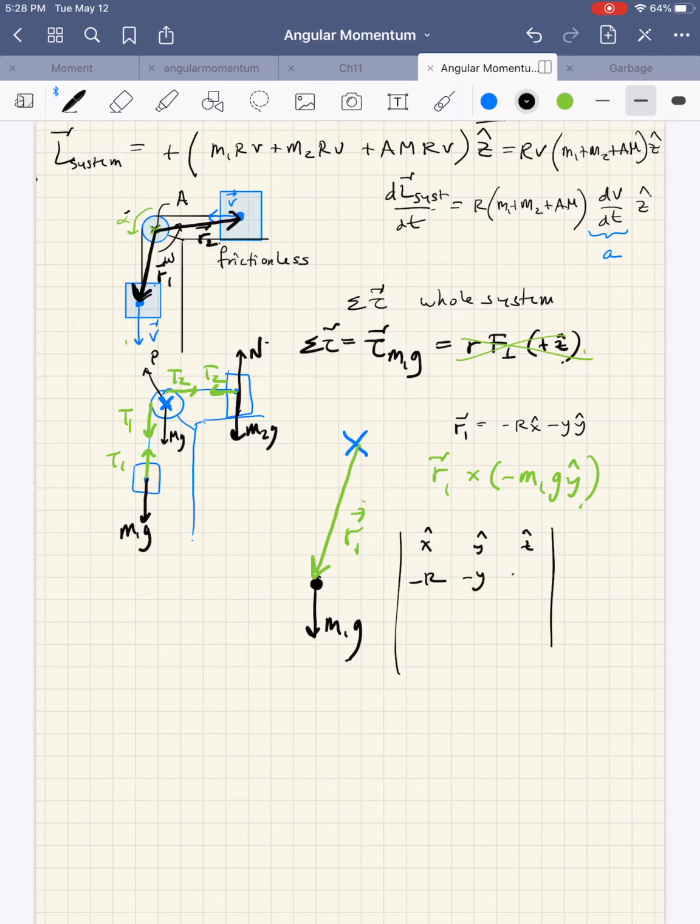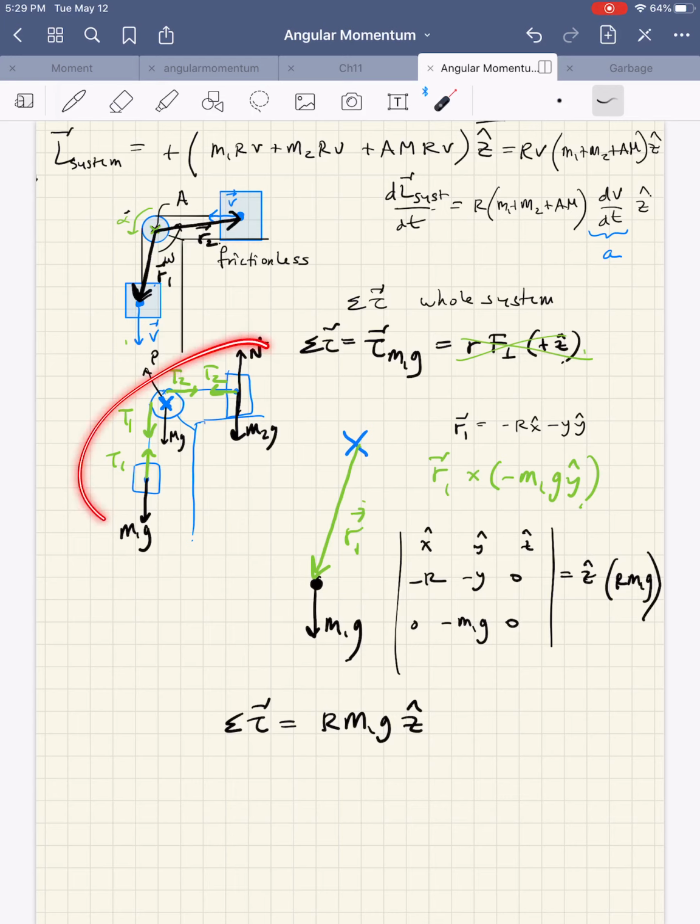Minus R, minus Y, 0; 0, minus M1G, 0. And nothing in the x, nothing in the y, only in the z. In fact, this will be z hat R M1G when it's all said and done. Positive. And so the net torque is equal to R M1G z hat, by manually looking at the sum of torques and taking it for the whole system.